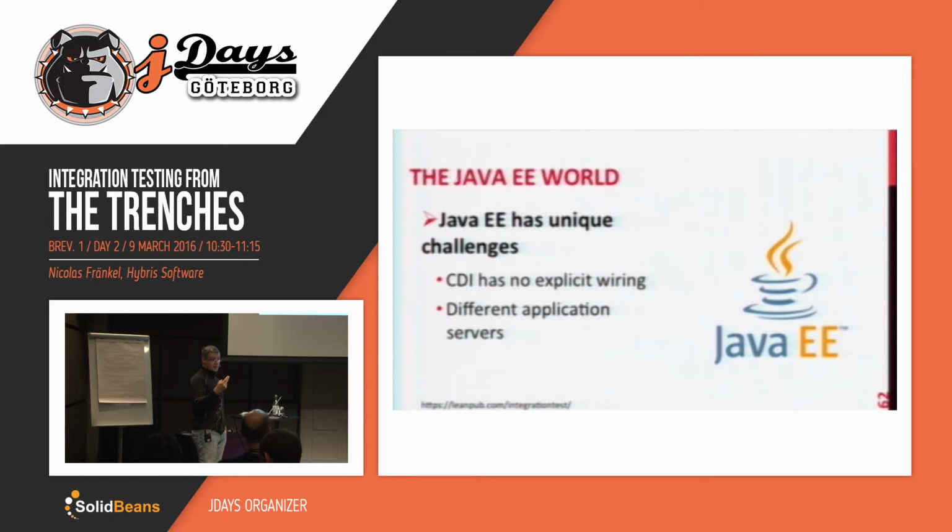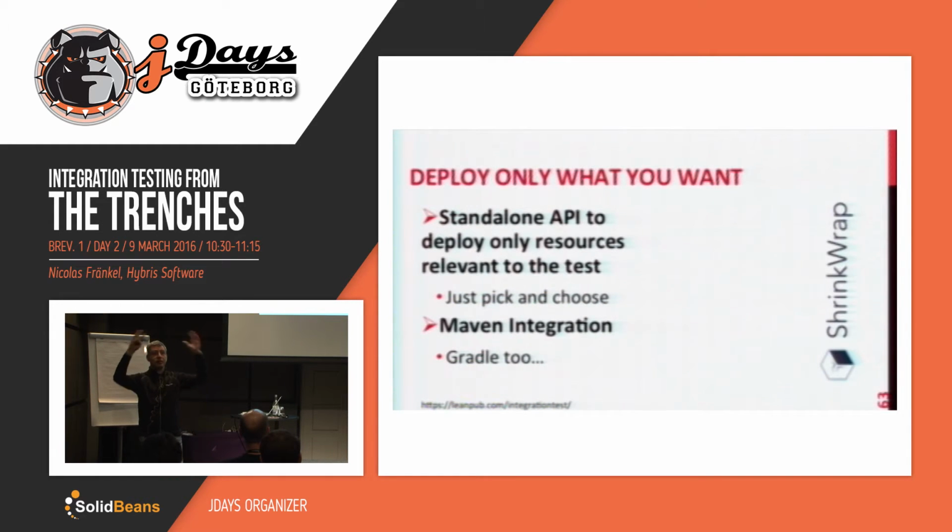So two challenges: how to inject and how to deploy. How to inject? Well, basically, if your system under test is very small and your application is very big, you don't want to package everything into your test. You want to deploy only the relevant parts.